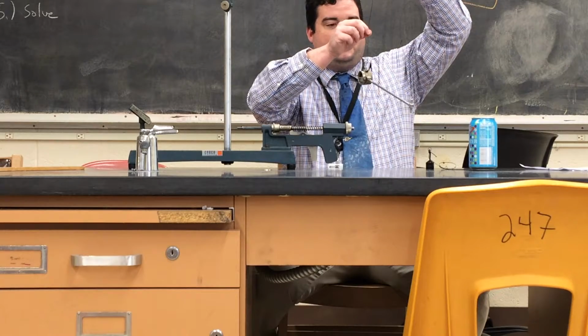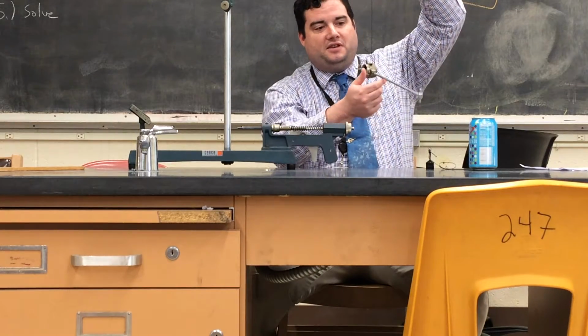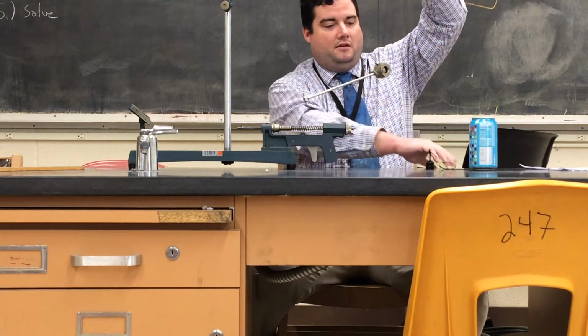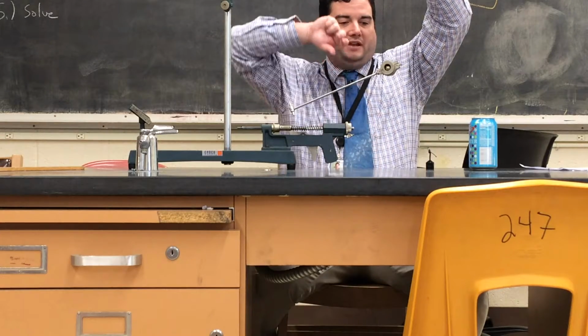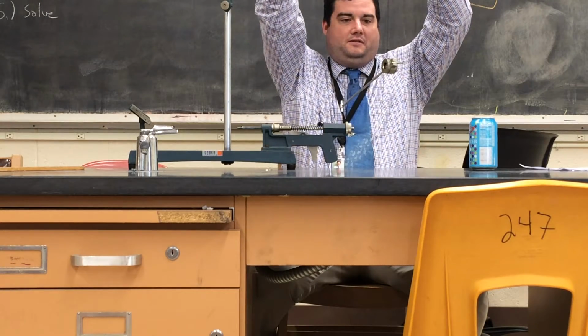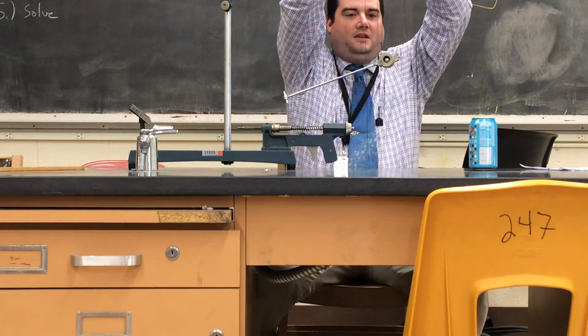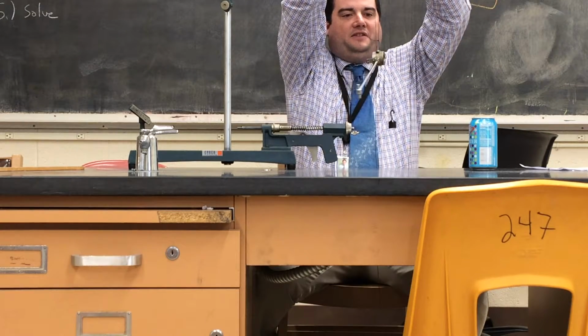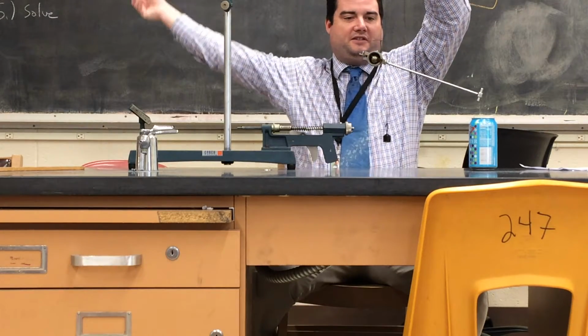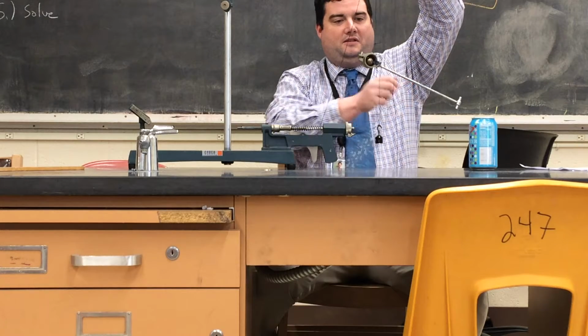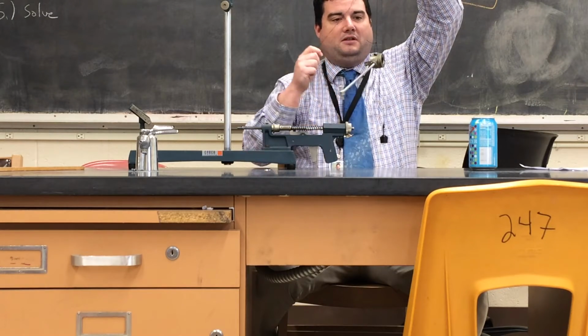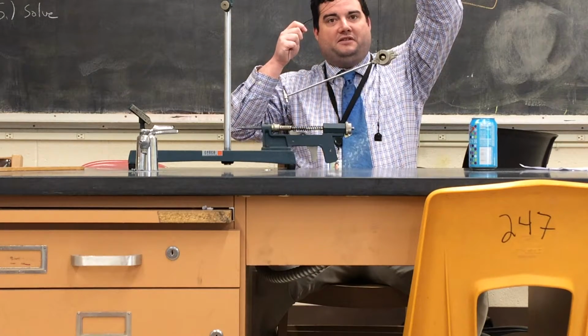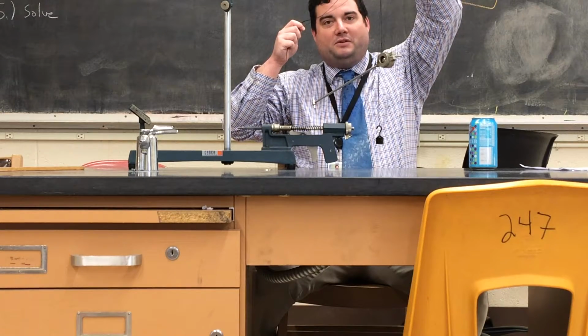We can locate it precisely. I don't know how well you're going to be able to see this, by hanging another weight straight in front. And where the line of this weight intersects the center line of the pendulum, that's where the center of mass is. So in class we marked it with an X.